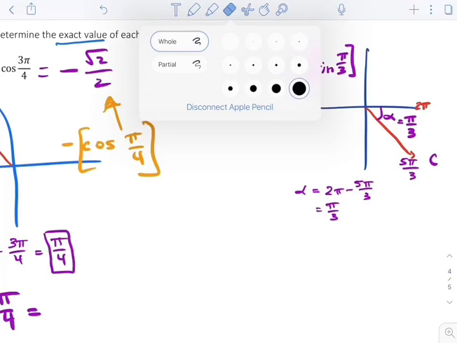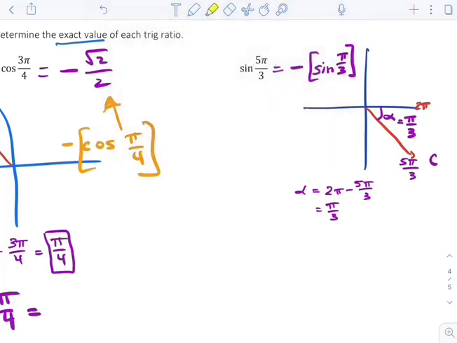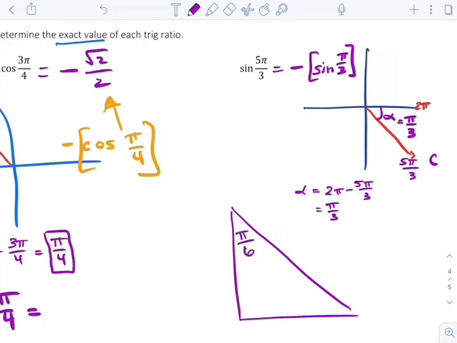So I'm going to make my special triangle. Remember your special triangles. Pi over 6, pi over 3. Pi over 3 is the bigger angle, so its side is root 3. We have 2 and 1. So for pi over 3, its opposite is root 3.